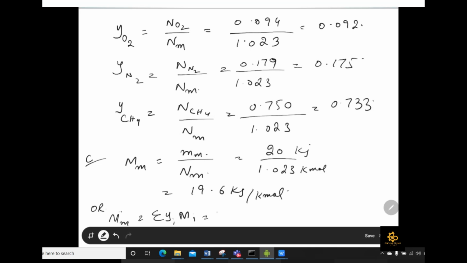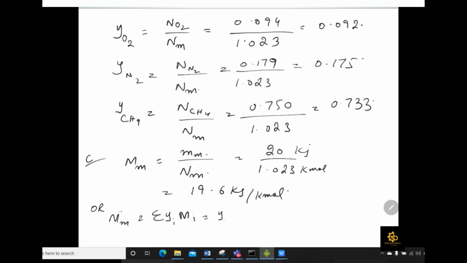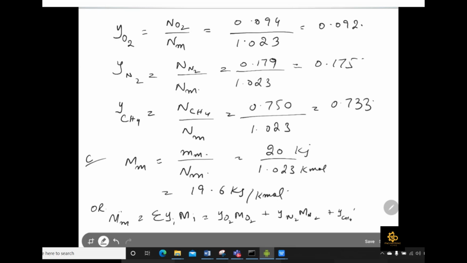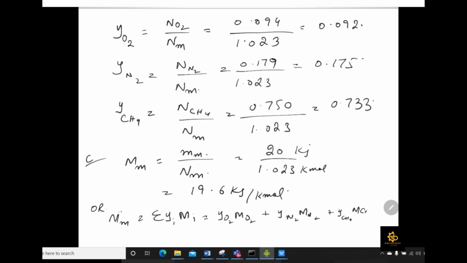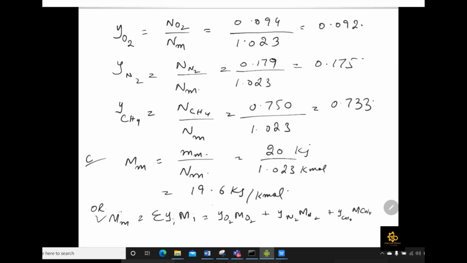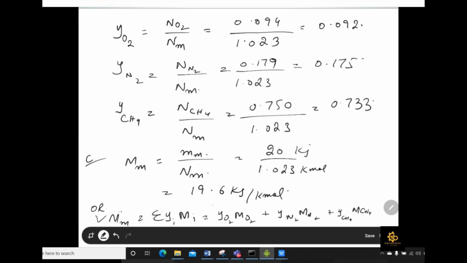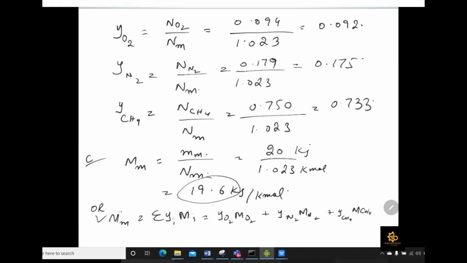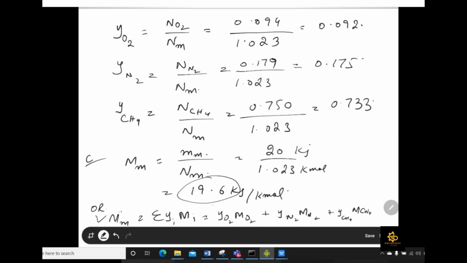Simply take all the mole fractions: YO2 times the molar mass of O2, plus YN2 times the molar mass of N2, plus YCH4 times MCH4. You just add all these three things, and you also get the molar mass of the mixture. The answer is the same, which is 19.6 kilojoule per kilogram. So you have to note it down, then go to the next.